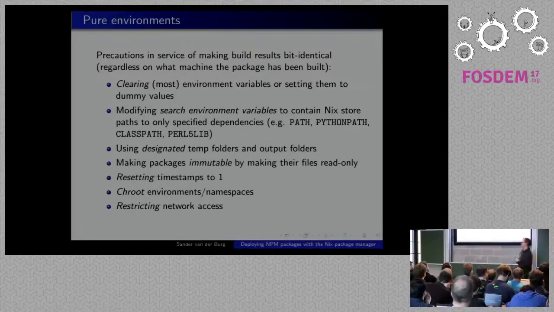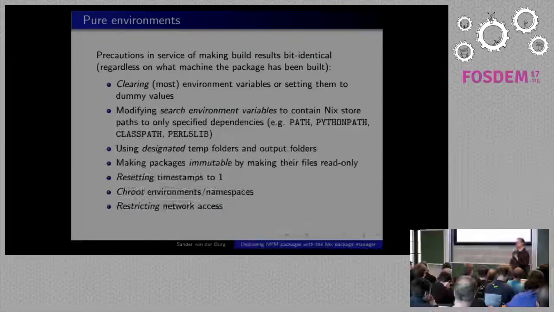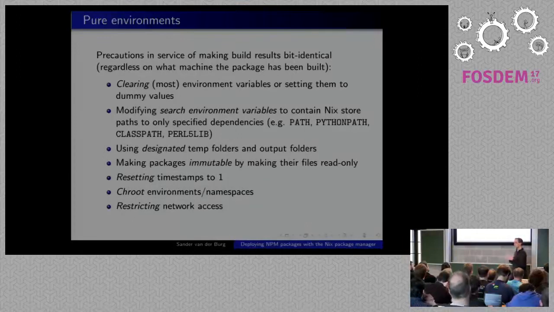It also configures search environment variables like PATH or PYTHONPATH in such a way that they only contain the Nix store paths of the packages implementing them. So you can't use global dependencies. You can only use the Nix packages that you have specified. And if you forget to specify a dependency, then the build might fail. But that's actually a good thing, because if we silently allowed a build to succeed because of a global dependency, it might work on my machine, but it might not work on another machine.